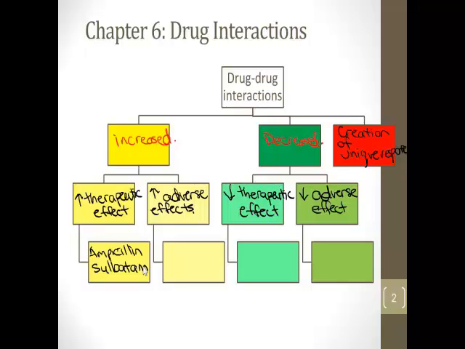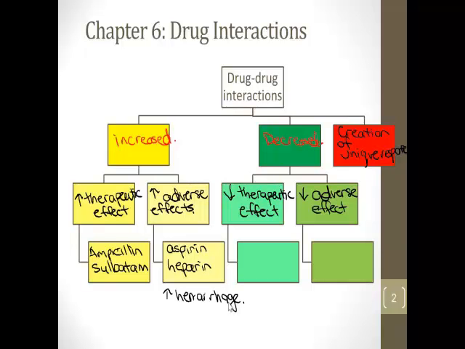In terms of 2 drugs that increase their adverse effects, if a person is taking aspirin and they're also on heparin, you know that it increases the chance of a hemorrhage occurring, which is definitely an adverse effect.